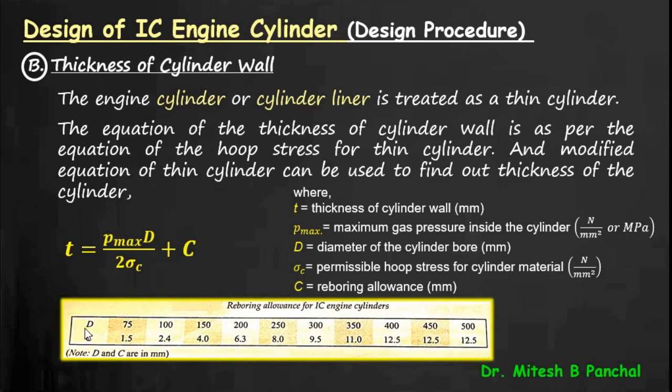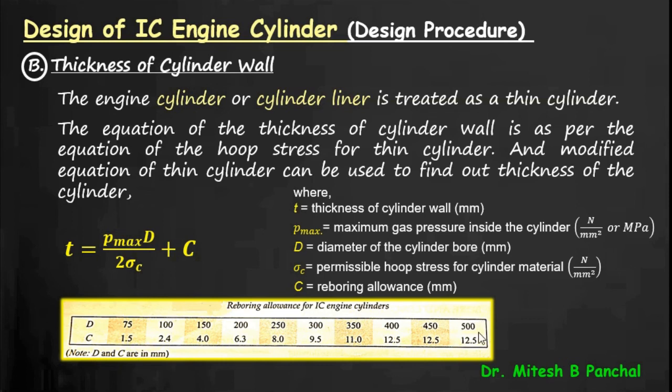The value of C depends upon the bore diameter capital D. This means if the diameter of bore is 75, then the value of C, that is the reboring allowance, you have to consider as 1.5 mm. If the diameter of bore equals 100, then you have to consider the value of C as 2.4 mm.